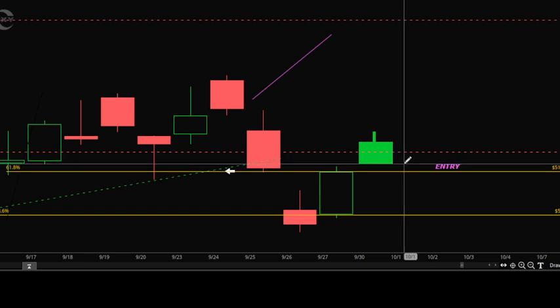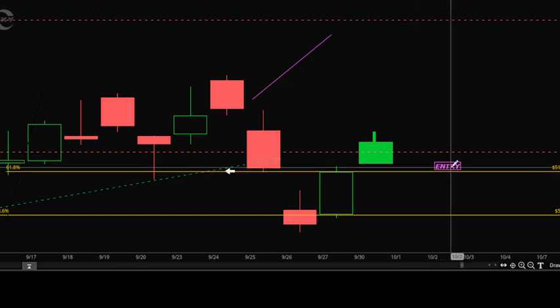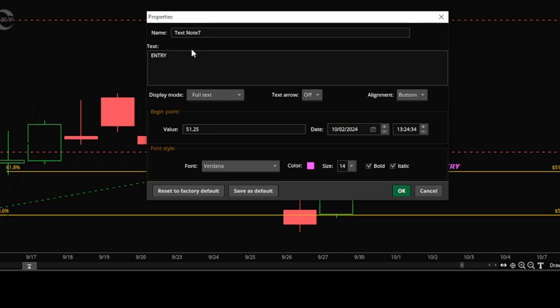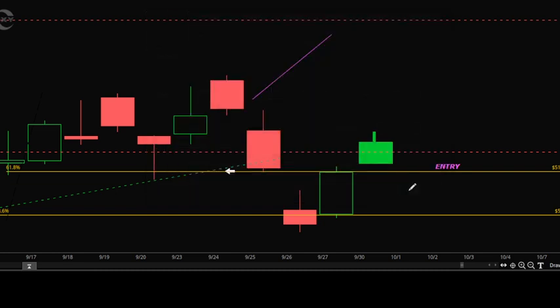I mean, if you can get it somewhere around 51.20, that's pretty darn good, I would say. I'll put 21, give you a cent. There you go. All right, entry there, and then your stop loss is going to be.